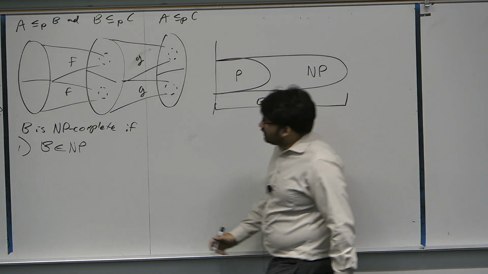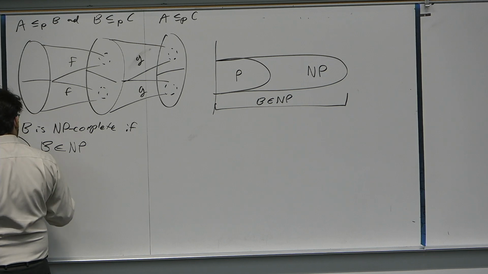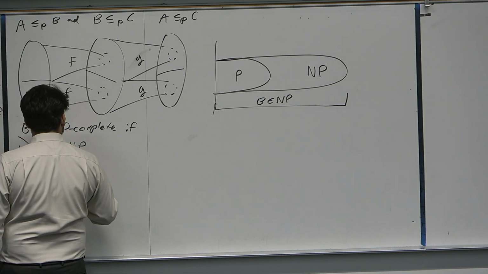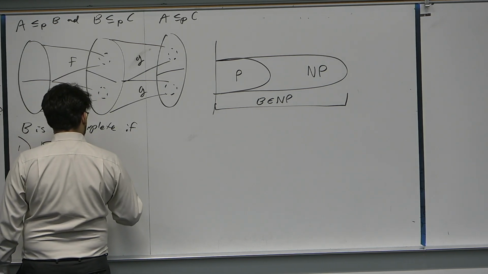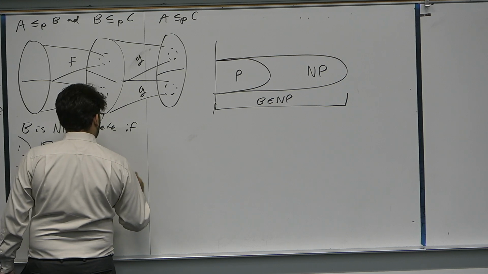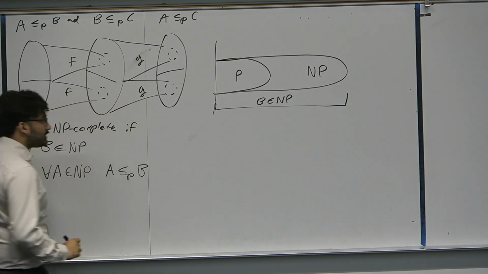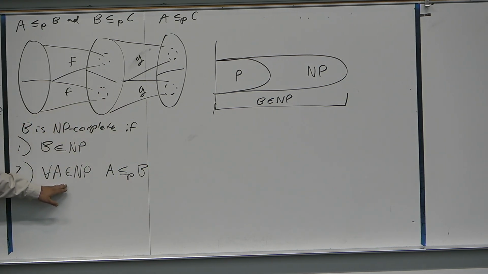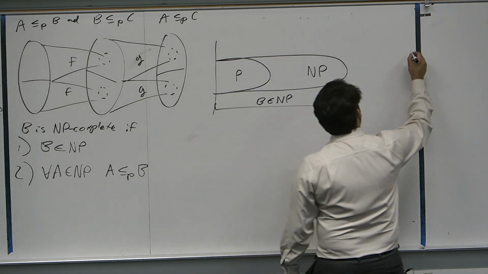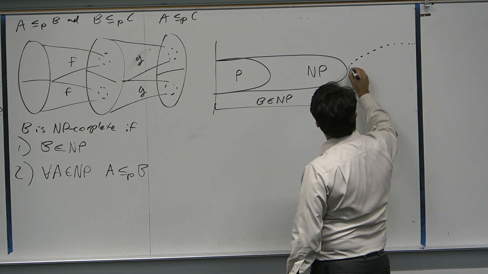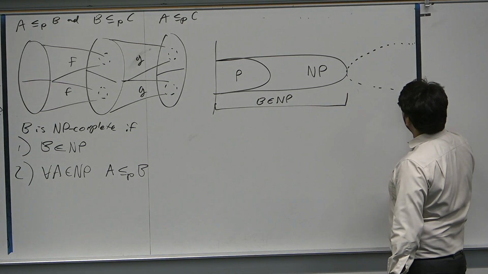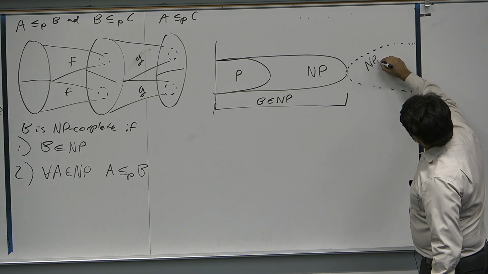The second thing you need for a problem to be NP-complete is that for all A in NP, there's a polynomial time reduction from A to B, in the sense that for every problem that's in NP, there is a reduction from A to B. So it's harder than all of NP, yet still in NP. So what we say is, it looks like this. This is what we would call NP-hard.